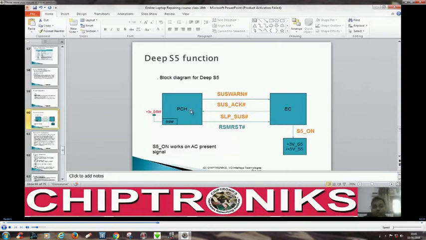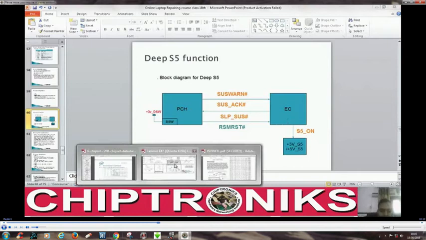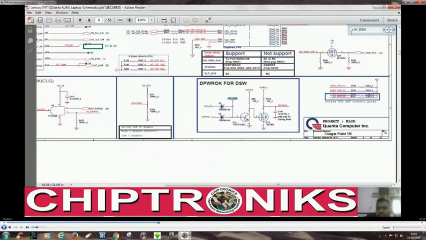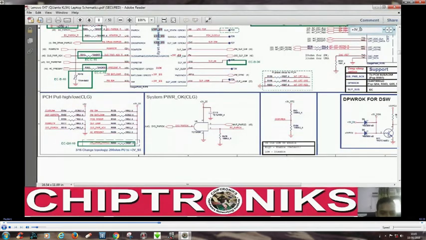So SUS_ACK will be provided to the PCH, and PCH after getting this SUS_ACK will provide SLP_SUS. After EC gets SLP_SUS, S5_ON is generated, and you can check here how +3V_S5 is generated.